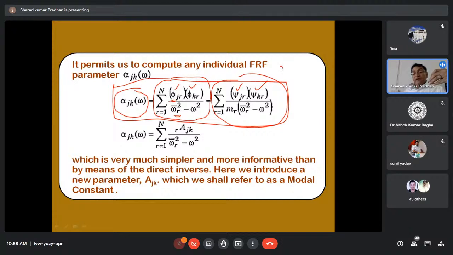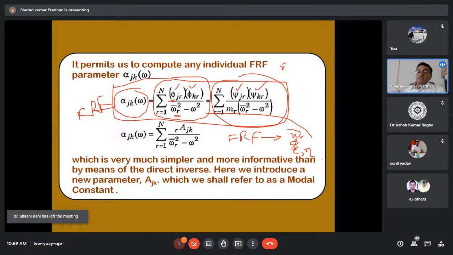So through modal analysis, you are converting this FRF into the second piece, and this second piece is omega, natural frequency, and then we have phi or psi, mode shapes. And if damping is also present, we may have zeta or we may have eta. Zeta for viscous damping, eta for structural damping. That is the basic philosophy.